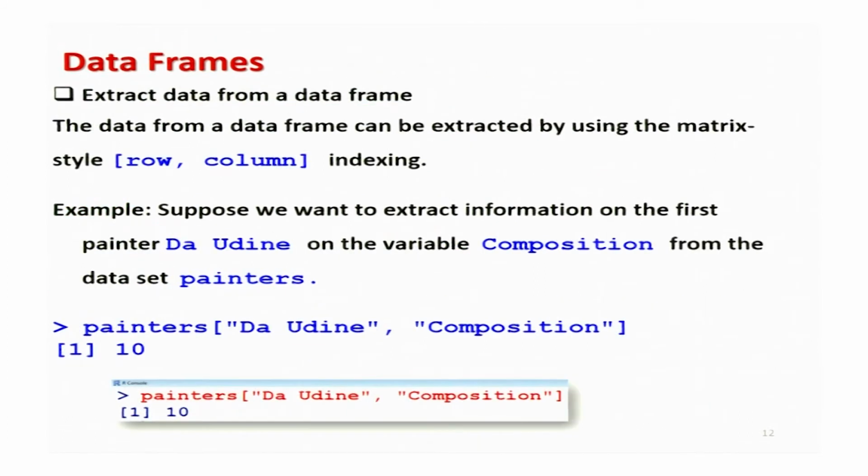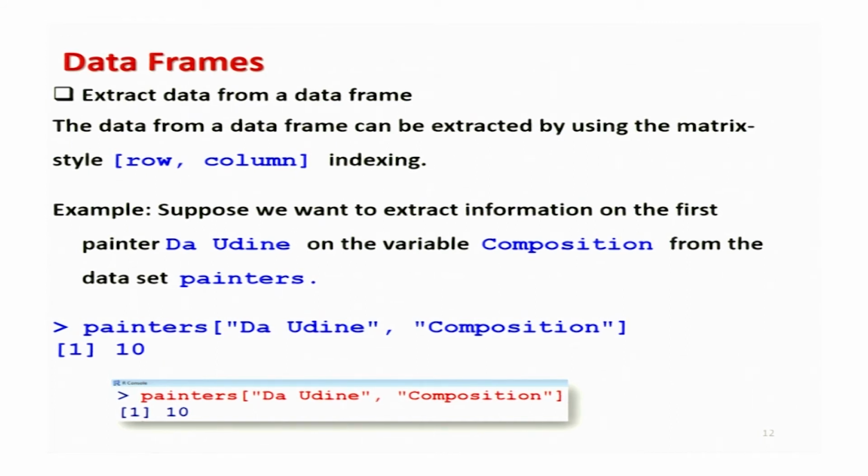Okay. And now, in case you want to extract a particular value from a data frame, how do you get it done? This operation is similar to what you have done in the matrix, when you wanted to access a particular value which is located at a particular row and a particular column inside the matrix.